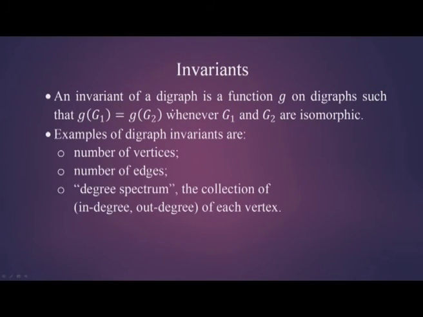An invariant of a graph is a function g on digraphs such that g(G1) equals g(G2) whenever G1 and G2 are isomorphic. Now, the invariants can be the number of vertices, the number of edges, or the degree spectrum, which is the collection of all in degree, out degree pairs of all the vertices.